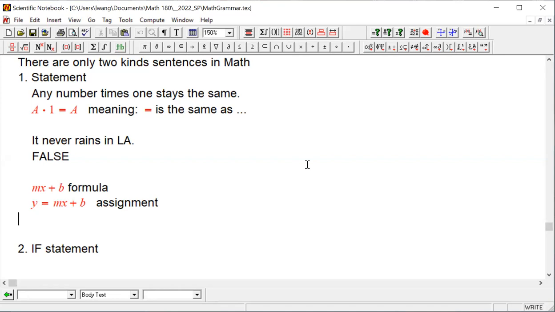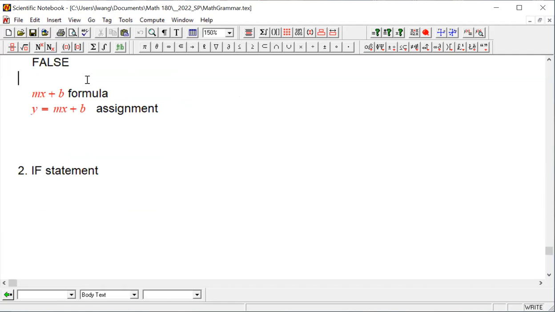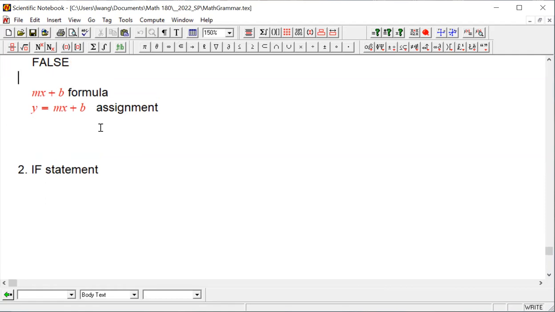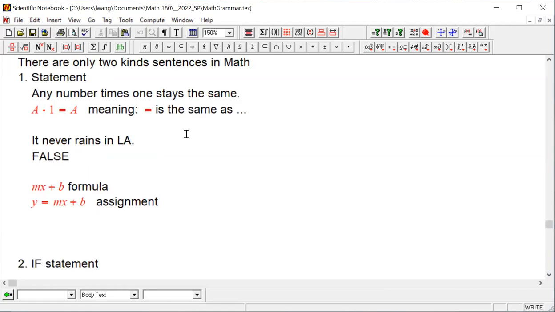And next, another kind of statement in mathematics, right? Let's see if you remember, or if you don't remember, this will serve as a review. So we have these examples, right?